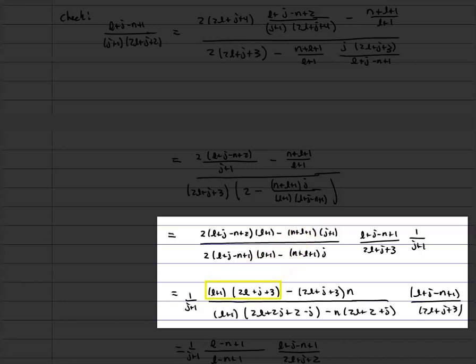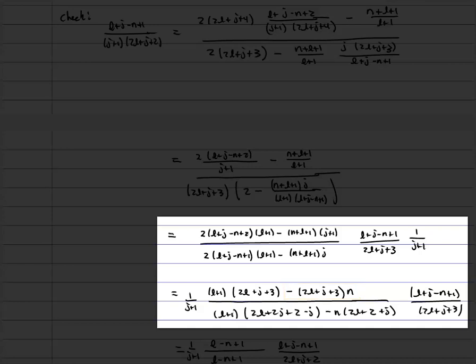I'm left with a (2l + j + 3). I'm reserving the minus 2n times (l + 1) because I'm going to gather terms that have n's in them. And so I'm going to get then minus (2l + 2) plus (j + 1), which gives me a minus (2l + j + 3) multiplied by that n.